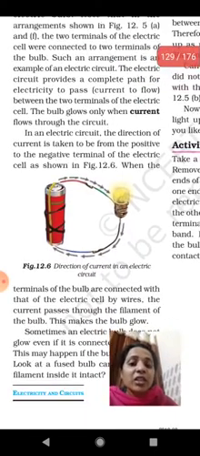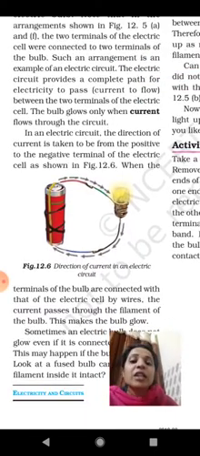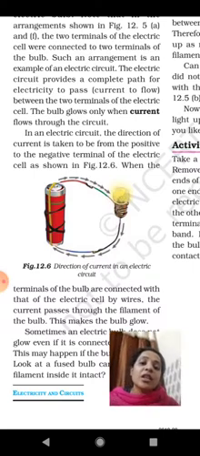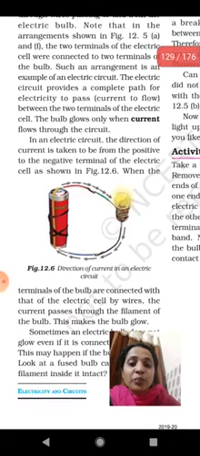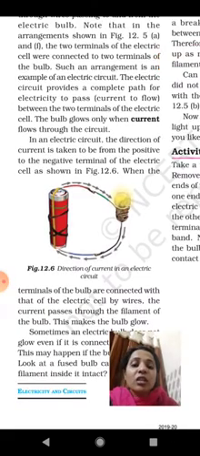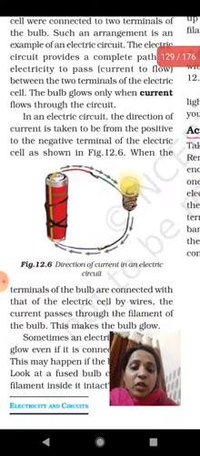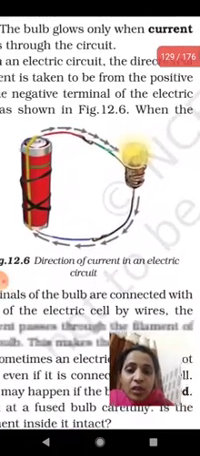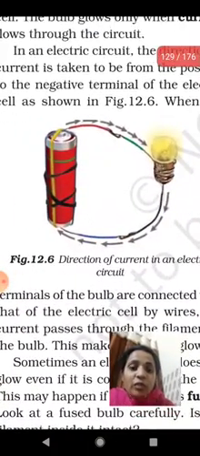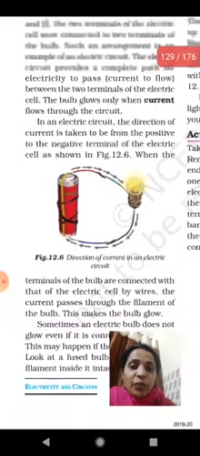In an electric circuit, the direction of the current is taken to be from the positive to the negative. What they are telling, that in an electric circuit, the direction of the current is from the positive to the negative of the electric cell, as shown in figure 12.6. See, in this one, the direction is flowing from the negative to the positive.